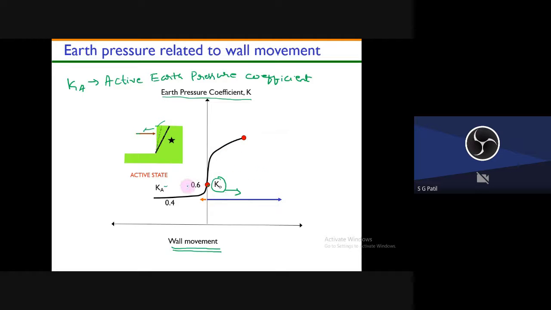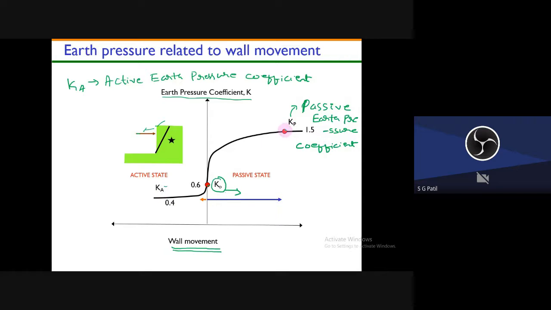So Kp is nothing but the passive earth pressure coefficient. Now you understood the difference between the active and passive.